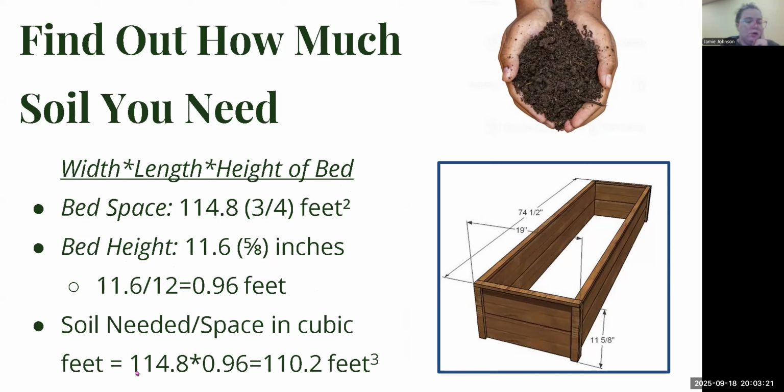And so 114 times 0.96 is 110.2 feet cubed. That's how much cubic feet we need of soil to fill this bed in order to plant the dill seeds that we are going to hypothetically plant in this raised bed.